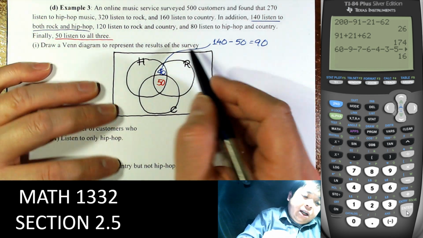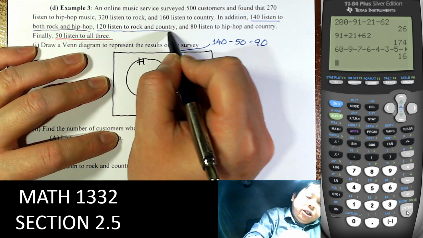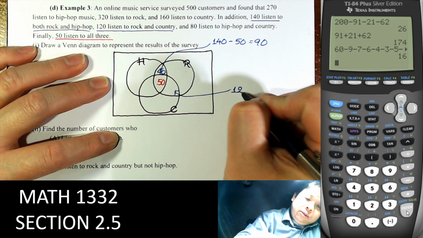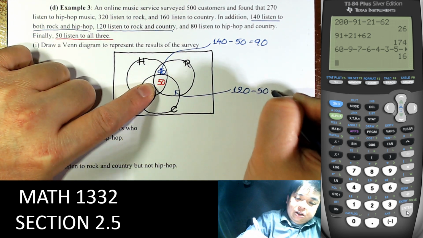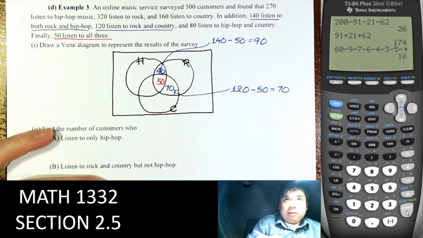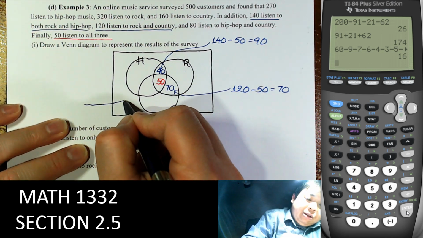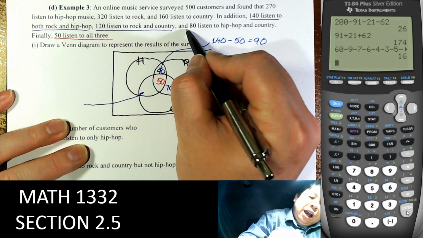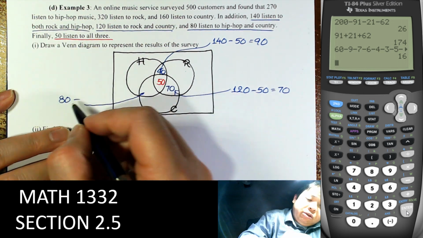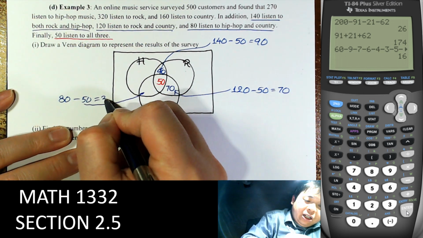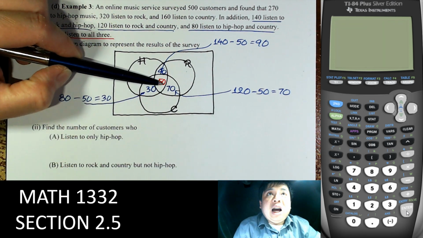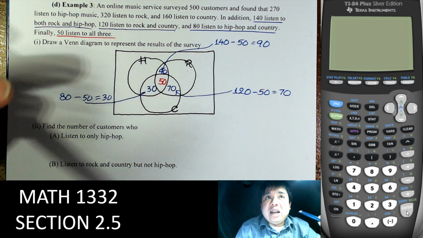Next, 120 that listen to rock and country, but I have to take away the 50 in the middle. And then finally, we have 80 that listen to hip hop and country, 80 total minus the 50 in the middle, that's 30. So 50 like all three, and 90, 30, 70 like exactly 2.